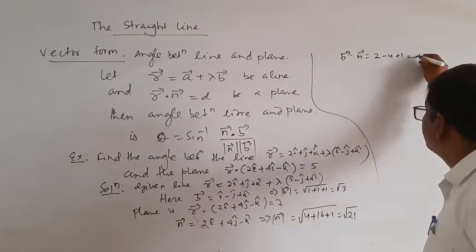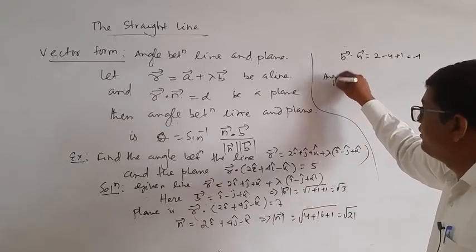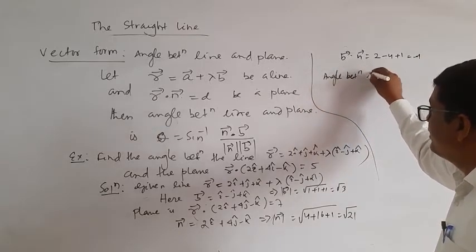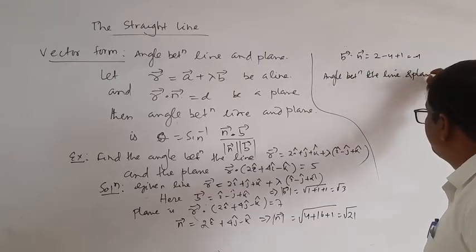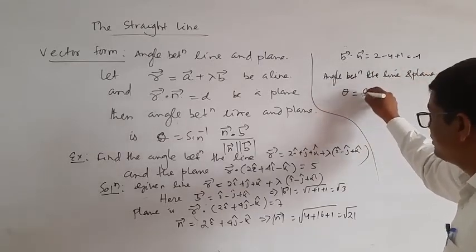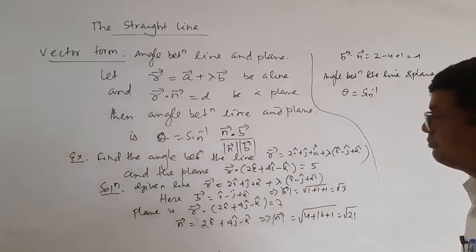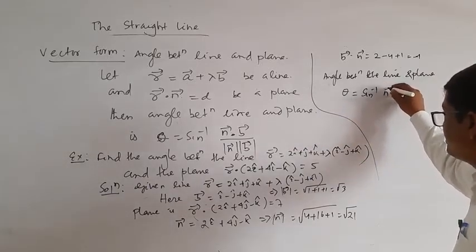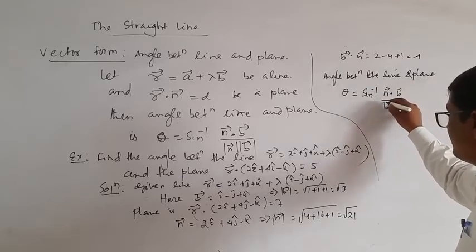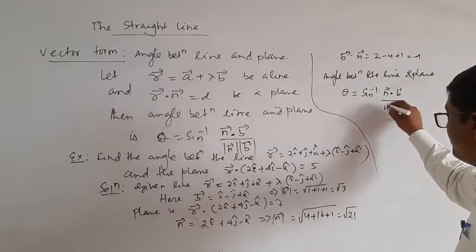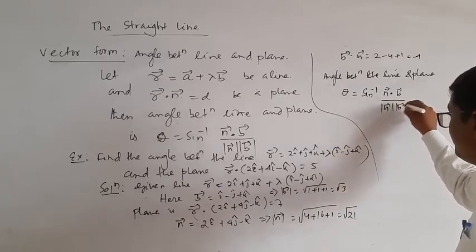Now theta is the angle between the line and plane. Theta is equal to sin inverse of b vector dot n vector divided by magnitude of n into magnitude of b.